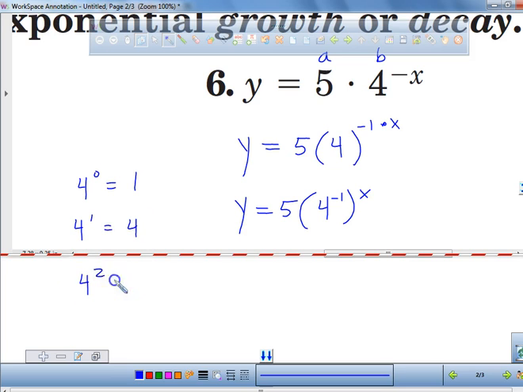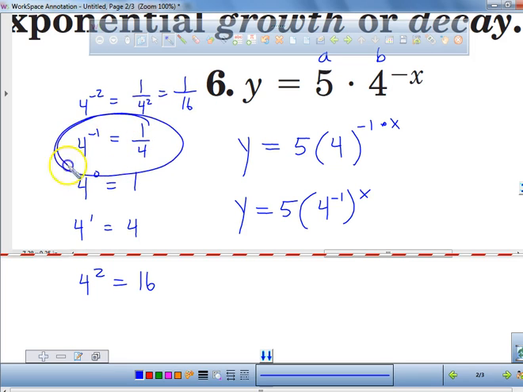You know 4 squared is, well, 16. 4 to the -1 and 4 to the -2 means 1 over 4, and this is 1 over 4 squared, which is 1 over 16. So 4 to the negative 1 is actually 1/4.